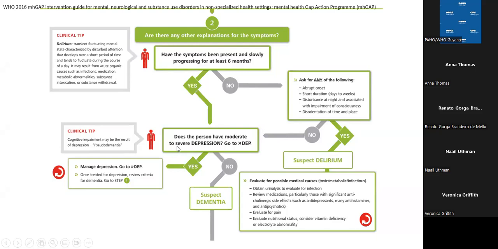If a patient has severe depression, you have to manage depression before establishing a dementia diagnosis. If the patient doesn't have depression or other psychiatric disorder, then you have to suspect dementia.